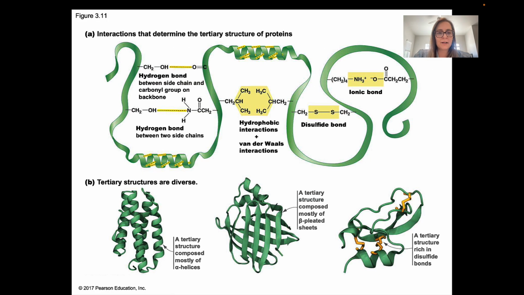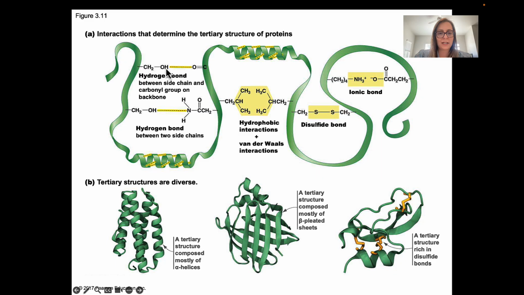So here's a ribbon diagram of a protein. Here's the alpha helix formed by hydrogen bonds between the carbonyl group and the amino group in the protein backbone. But forming the three-dimensional structure, we have hydrogen bonds, and hydrogen bonds can occur between a side chain.